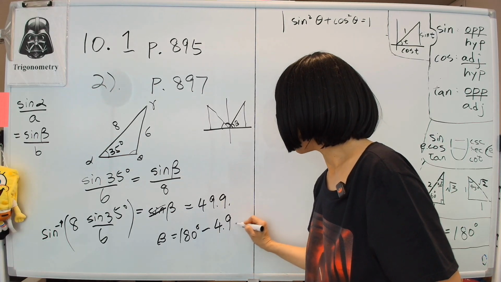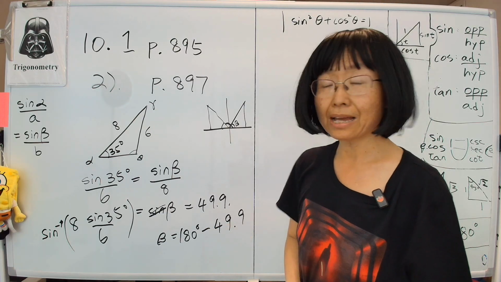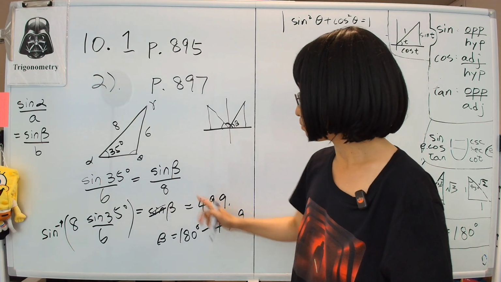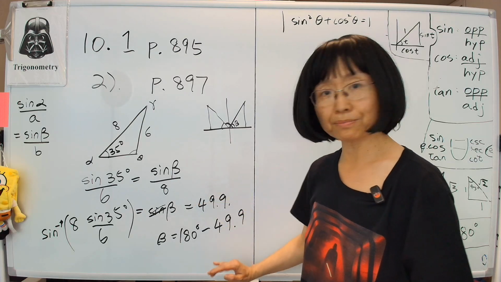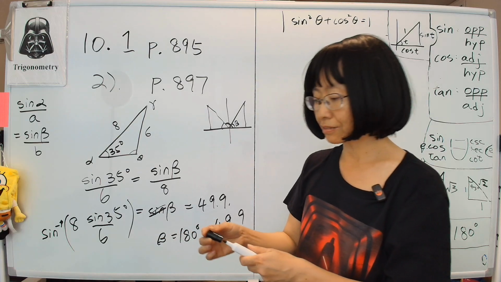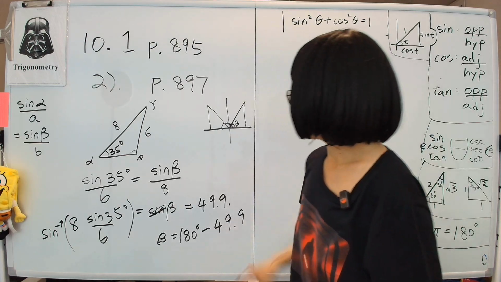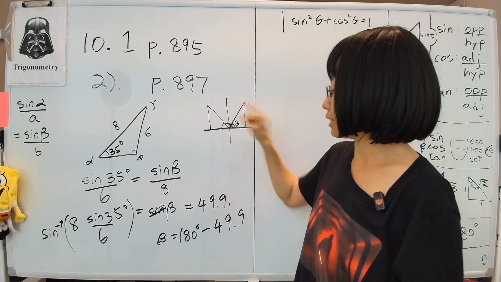The reason is that both angles, if you type in the sine, will give you the same answer. That's why when you solve for beta, there are two possibilities, because both angles have a positive sine value, because the y-axis is positive on both sides, in quadrant 1 and quadrant 2.